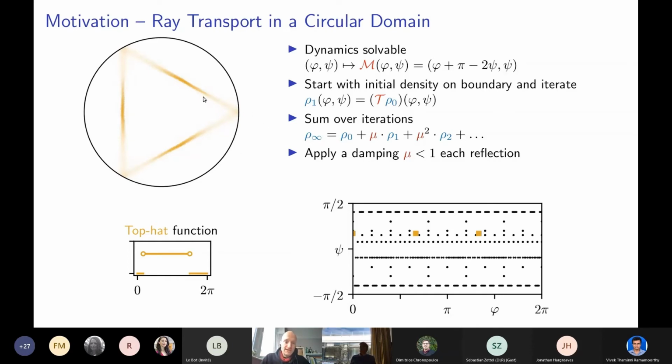So then you would constantly pump in energy, and without this absorption, you would pump in infinitely much energy, and the whole system would blow up in the infinite time limit. So due to this absorption, we'll get a steady state, and the steady state is called rho infinity.